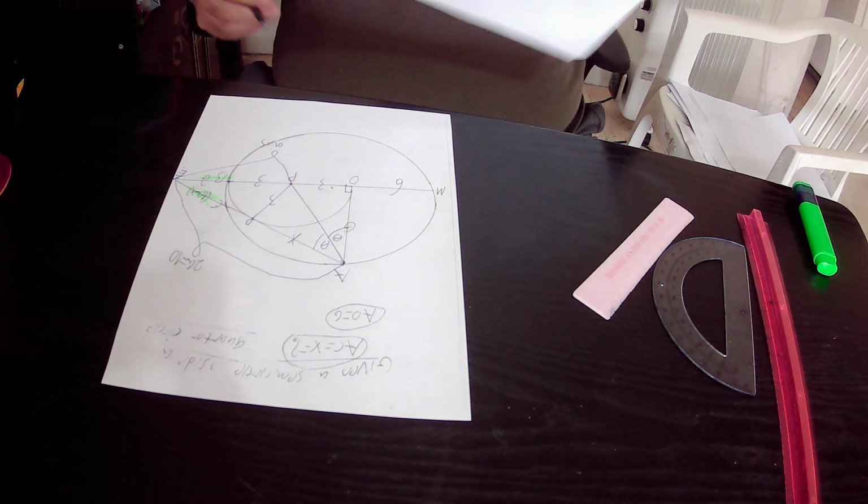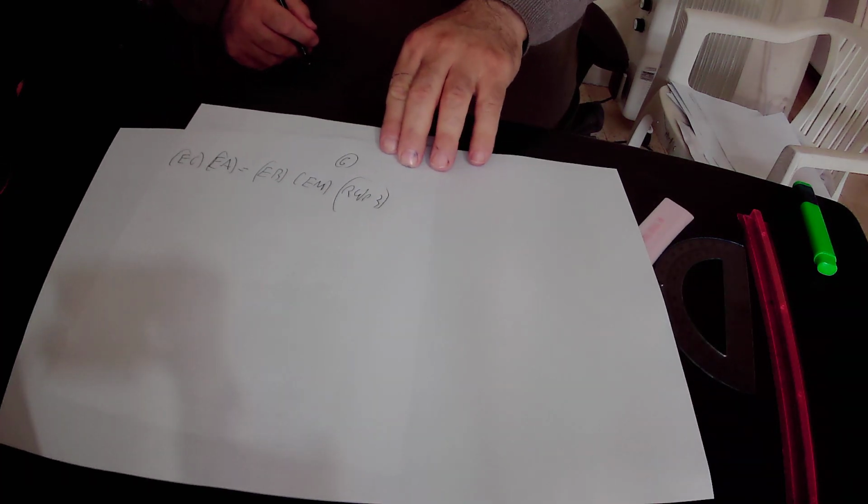I repeat again, because in our drawing we have two chords that intersect with each other outside the circle, that is to say, the two chords intersect with each other at point E, a point that is outside the circle, then according to rule number 3, we get that EC times EA equals EB times EM.